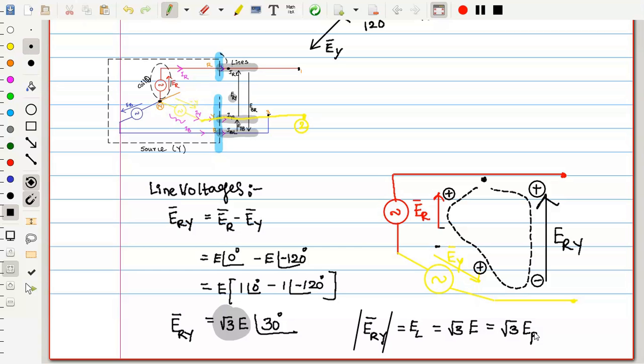So whatever we assumed, you should understand clearly. E means phase voltage in the previous notation. Some people may use EP also, nothing wrong. Try to understand that line voltage magnitude is equal to root 3 times the phase voltage magnitude. Once you know the phase voltage magnitude, you can get the line voltage, or once you know the line voltage magnitude, you can get the phase voltage. Are you getting my point?